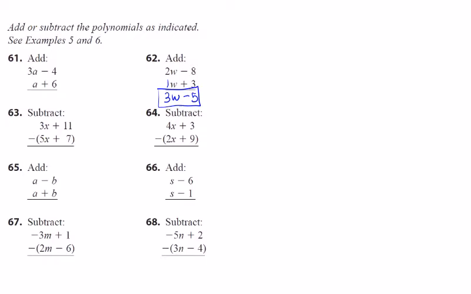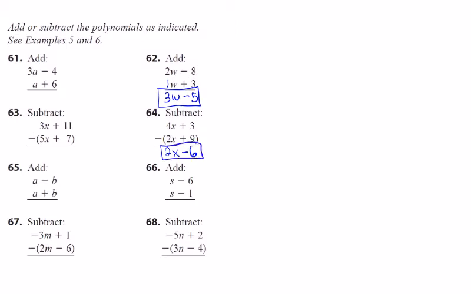All right, 64, now we're subtracting. So now we're going to do 4x minus 2x, which equals 2x. And we're going to do 3 minus positive 9, or minus 9, so that's going to be negative 6.